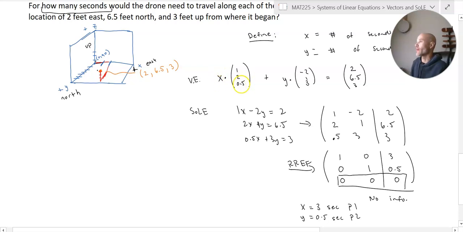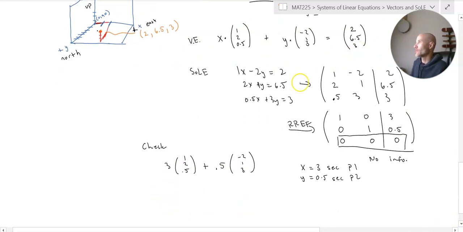Let's just double check. If I take 3 seconds at 1, 2, and 0.5 feet per second, and then I take 1/2 second at -2, 1, 3, let's see what we get. We just want to make sure we get 2, 6.5, 3. Here we get 3, 6, and 1.5.